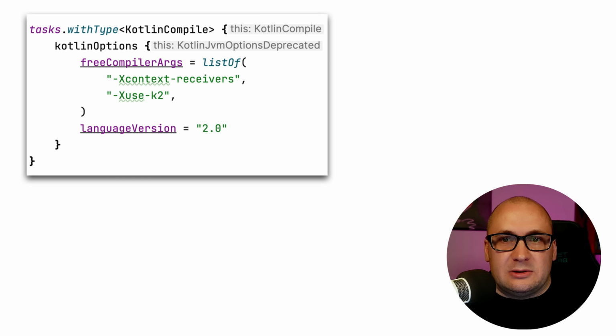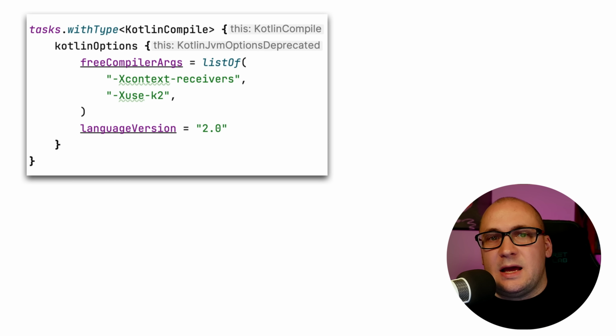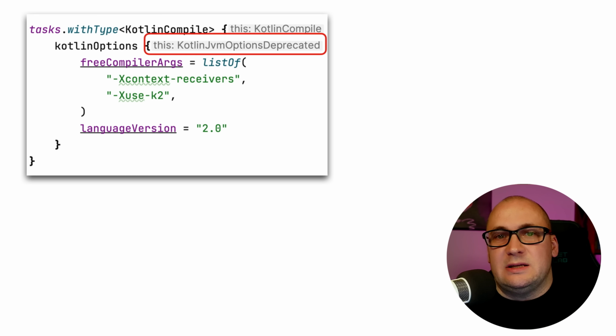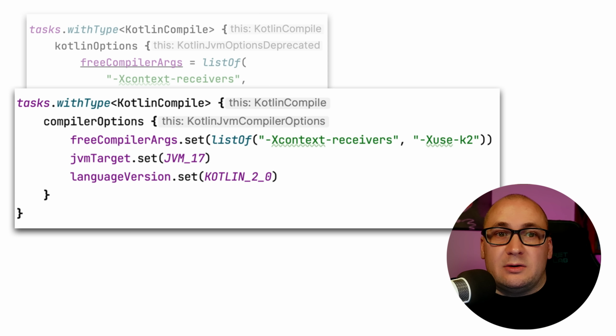And by the way, I have always used the Kotlin compile task myself to configure the Kotlin compiler in Gradle, and I noticed that the kotlinOptions block is now deprecated. Whatever you used to write in that configuration block is being moved to the new compiler options configuration, where you can now use the proper constants for configuration instead of strings.